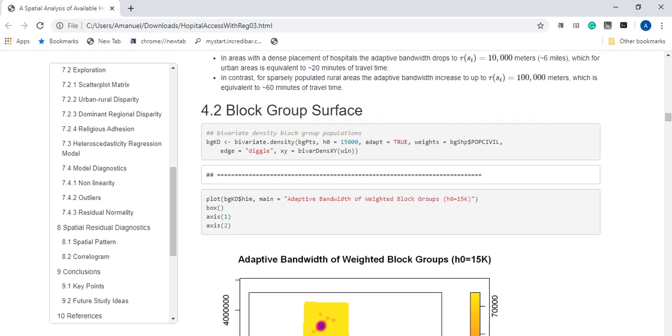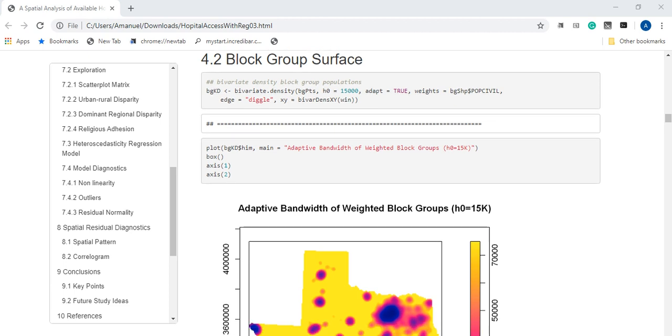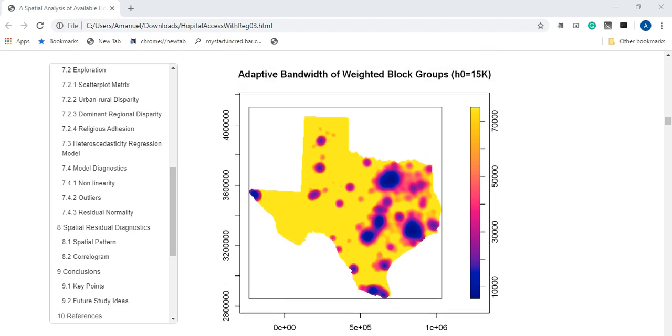For the block group surface, the 15 kilometer starting fixed bandwidth was selected after repeated trial and error. It leads to a log relative risk surface without major artifacts and a balanced distribution for log relative risk surfaces.